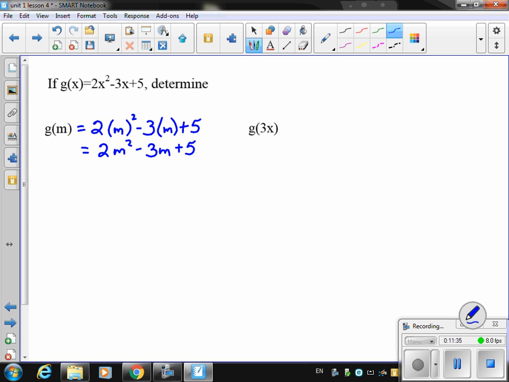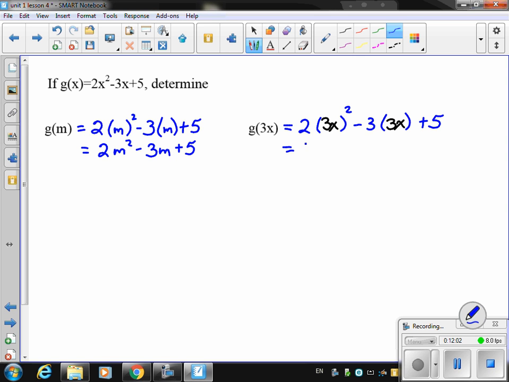The next one says take your function g and replace the value of x with 3x. So wherever I had an x before, I'm going to replace it with 3x. So change color here. 3x for this x, 3x for that x, and the first x had been squared. So that's what I have, strictly speaking.